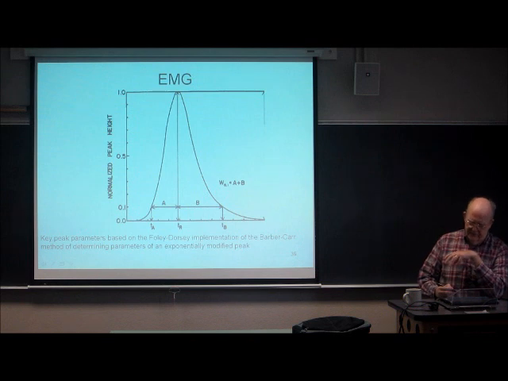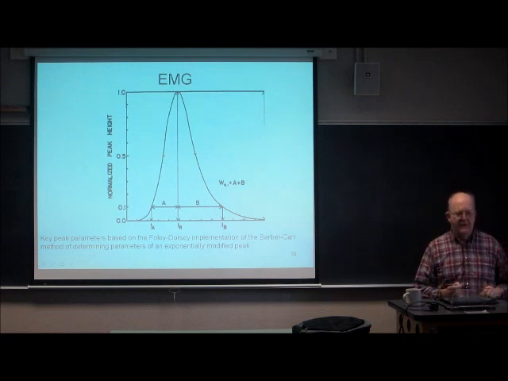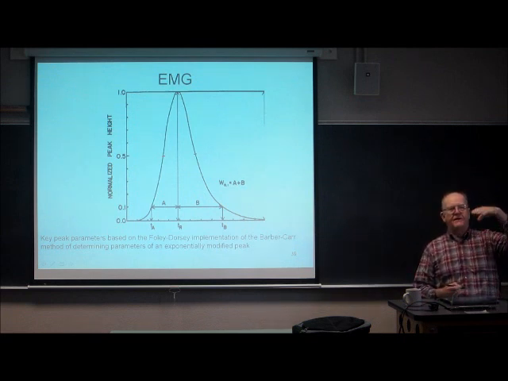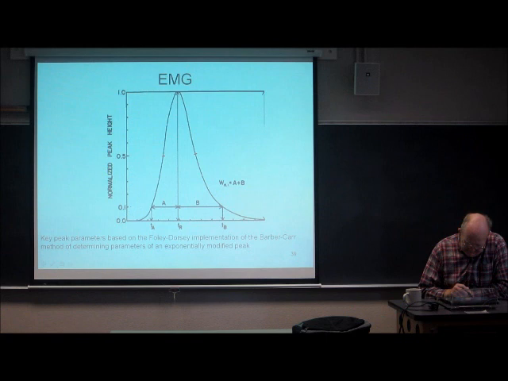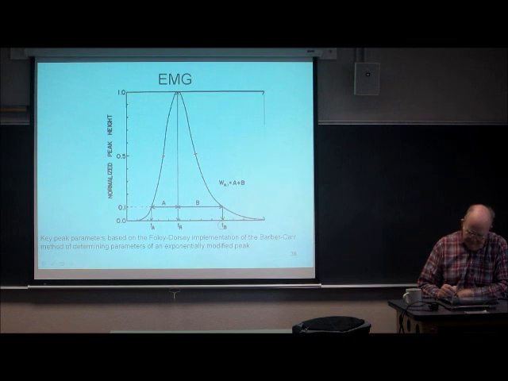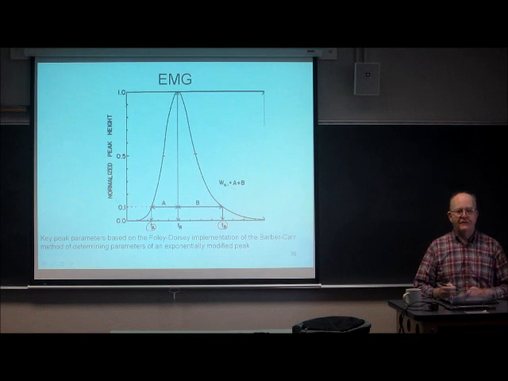And what they recommend is that you measure the width of the peak not at the half height. The half height is there. They say measure it at the 10% of the total height. So this is the 0.1 width. So you measure the width of the peak by finding this time and this time, subtract one from the other.